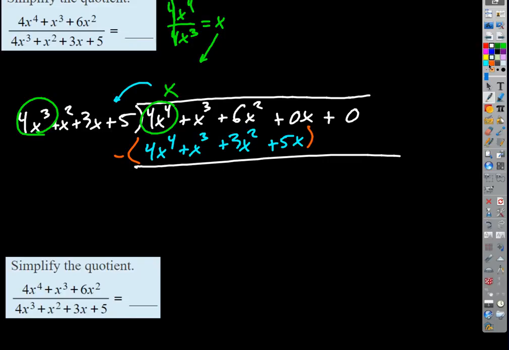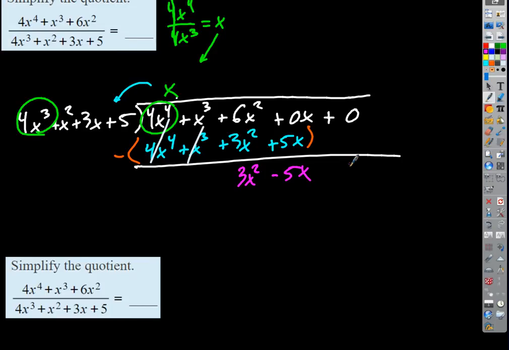And what do I get? Well, those cancel. X cubed minus x cubed, those cancel, right? Over here, finally, I get 6x squared minus 3x squared is what? 3x squared. 0 minus 5x is minus 5x and then nothing there, right?